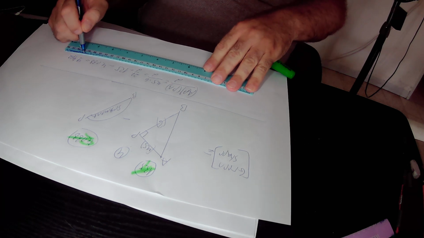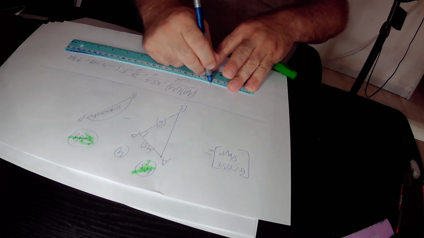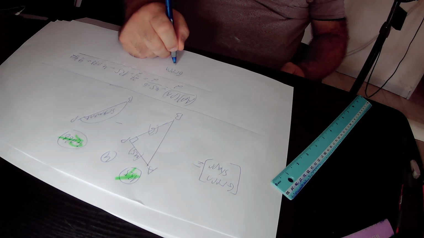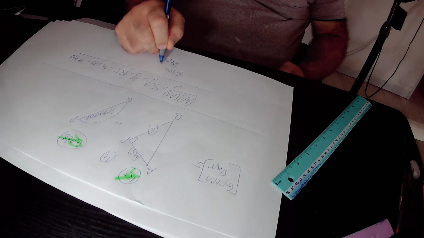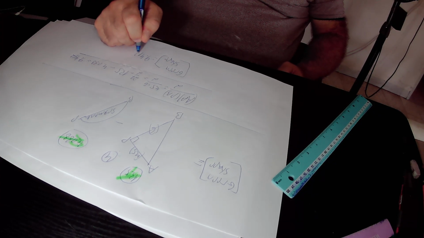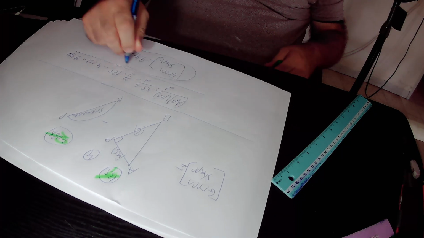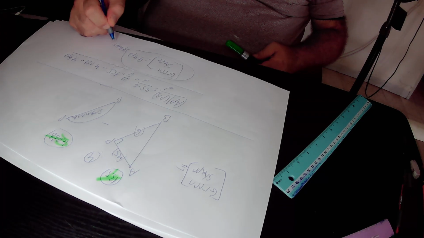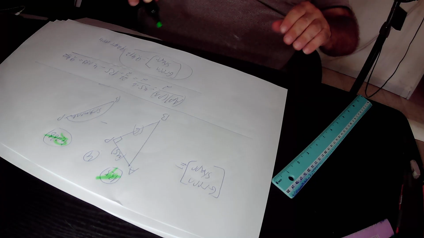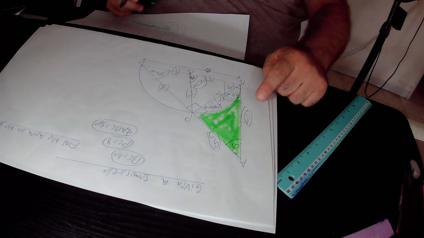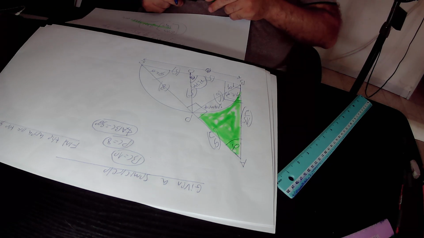So in total, the area of the green shape, the area that we're looking for in this question, is equal to 9.412 square units in its size. Again, the area of this green shape is equal to 9.412 square units in its size.